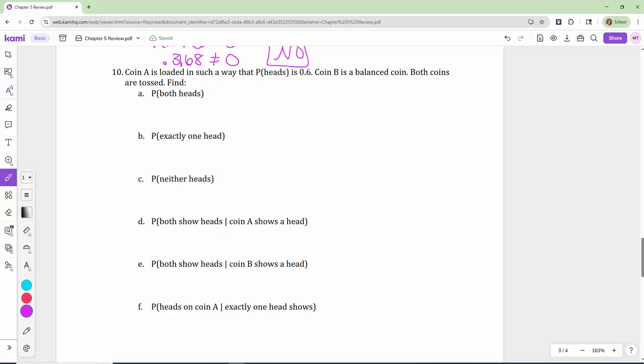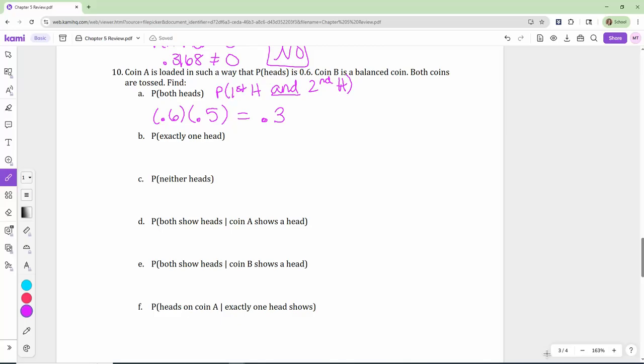Yeah, both heads means the first is heads and the second is heads. So that means multiply. What's the probability that coin A is a heads? Probability of B? So if I multiply those, we get 0.3.